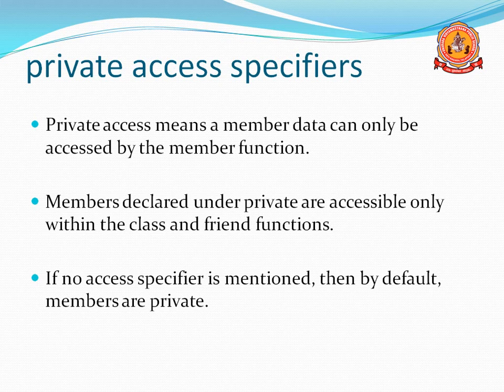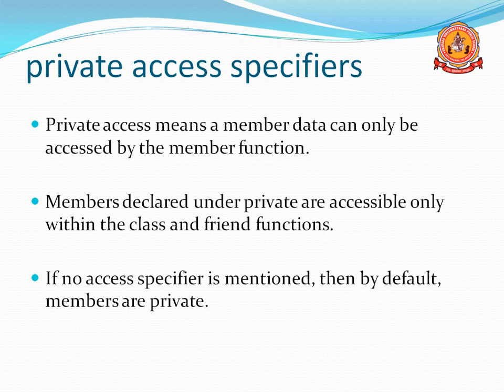First, in case of private access specifiers, private access means a member can only be accessed by the member functions. Whenever you declare any member as private, it can mainly be accessed by the member functions. Members declared under private are accessible only within the class and by friend functions.